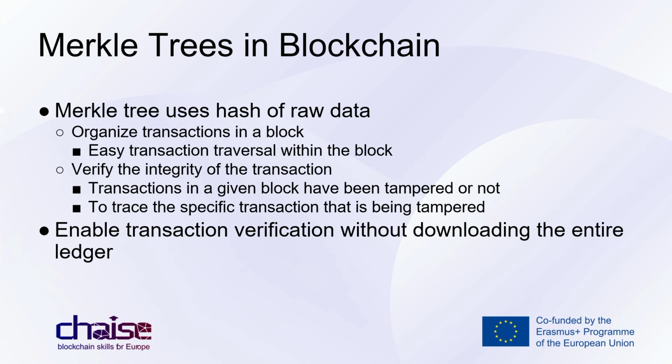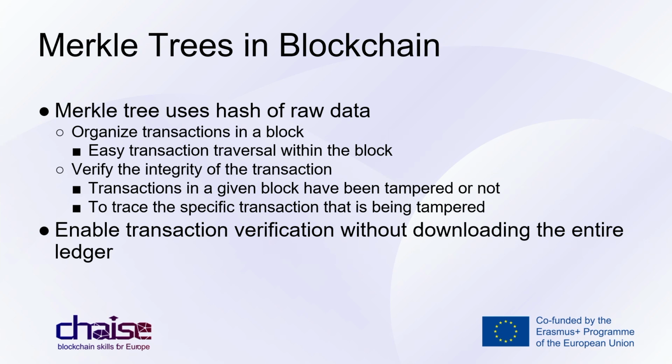So, the Merkle trees in blockchain organize transactions and check whether the transactions in a given block have been tampered with or not. For example, if someone wants to verify whether a transaction is legit, authentic, or not tampered, then the system can check by traversing only the Merkle tree from that particular block.